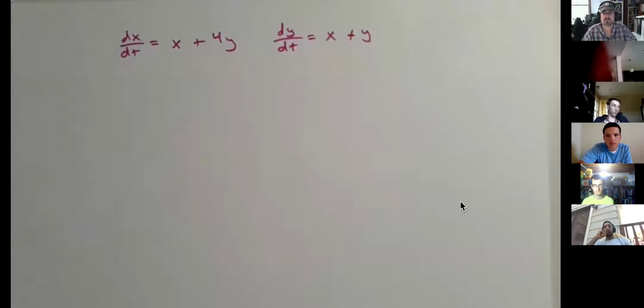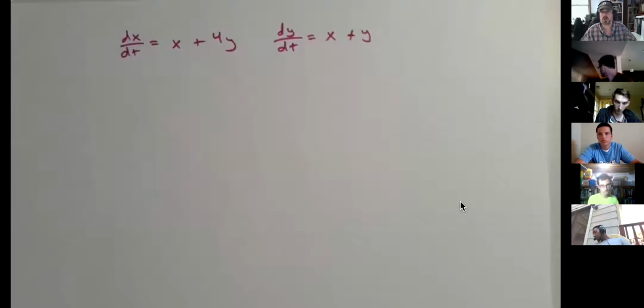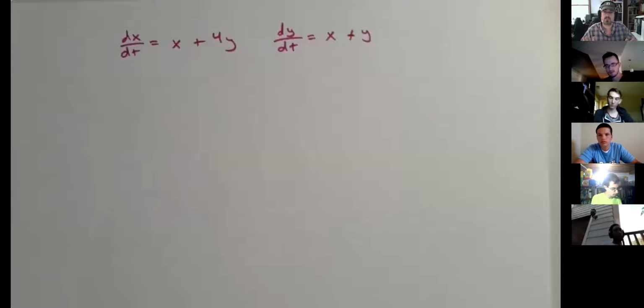What I want you to do is go through the process of solving this using the eigenvalue, eigenvector method from 3.2. And so I'm going to put you back in your breakout rooms. I want you to have one person drive the bus, writing this out or typing it.